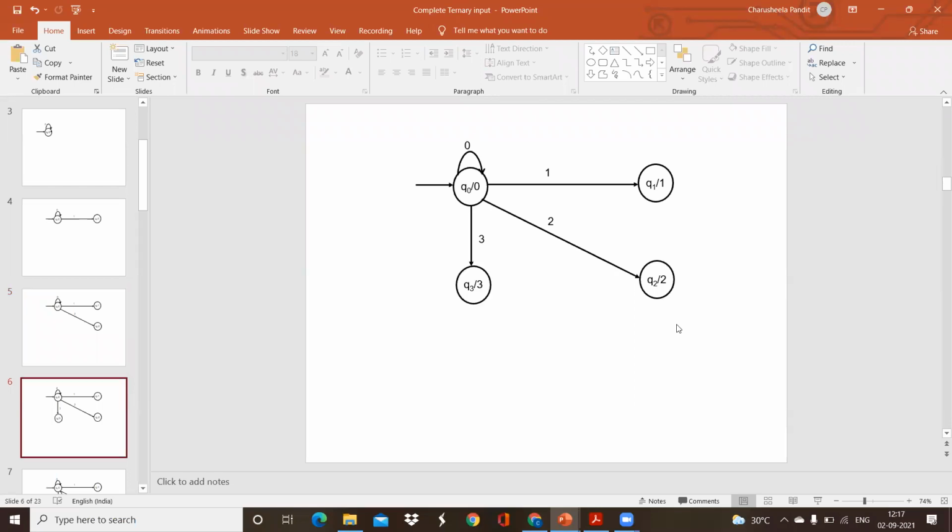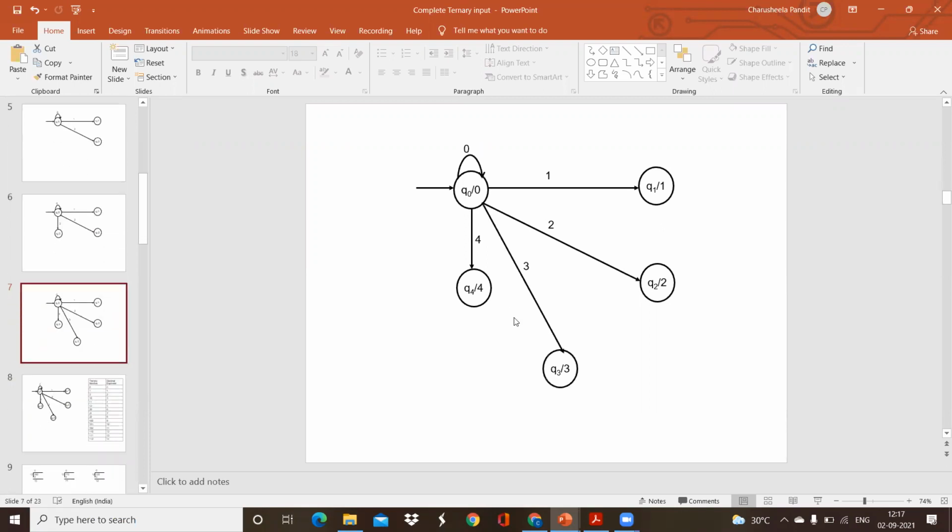When 3 is the next digit, 3 by 5 remainder is 3, and that is the reason you need to transfer to the state which will generate 3 as the output. Then if 4 is the next digit concatenated with the previous 0, 4 by 5 you will get 4 as a remainder. Okay, so this is the very direct process. If the first digit is either 0 or 1 or 2 or 3 or 4, this is what you will get.